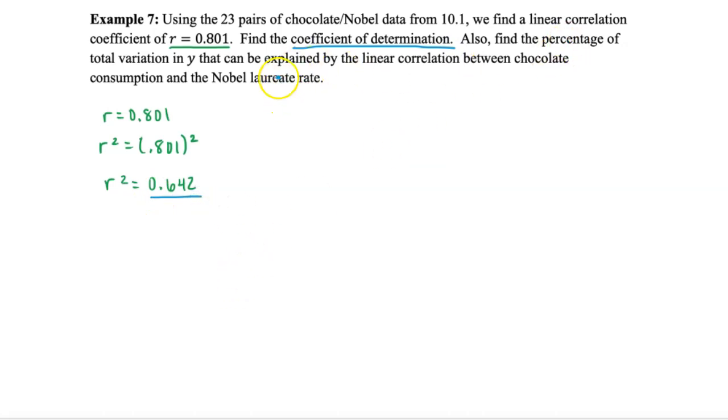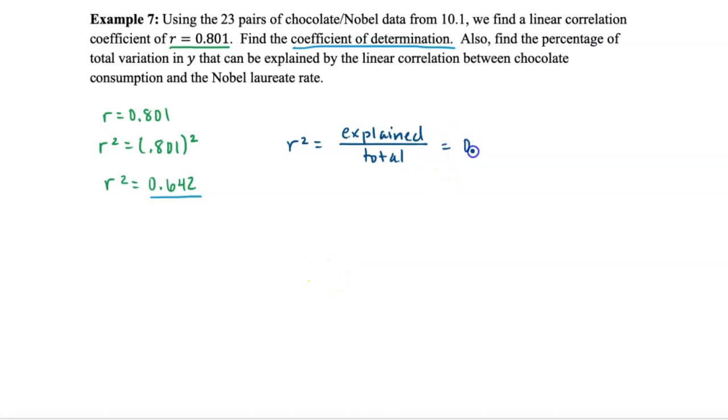And now for the percentage of total variation that can be explained by the linear correlation between the chocolate consumption and Nobel laureate rate. Remembering that r squared, this coefficient of determination, is explained variation over total variation.